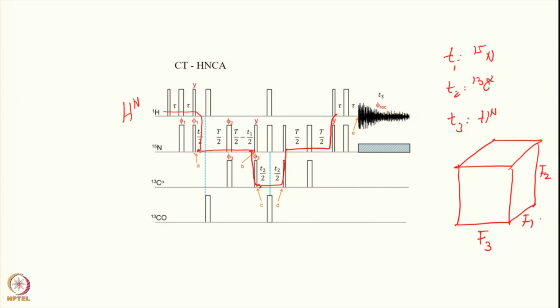F1 will be nitrogen 15, and therefore this will go to F1, this will go to F2, and this will go to F3. Okay. So this is the way it goes. Of course we apply certain pulses on the carbonyl channel etc. for the purpose of decoupling etc. We may not want to go into those details here, but this is the way the magnetization flows, and therefore this is the kind of schematic spectrum you will get.